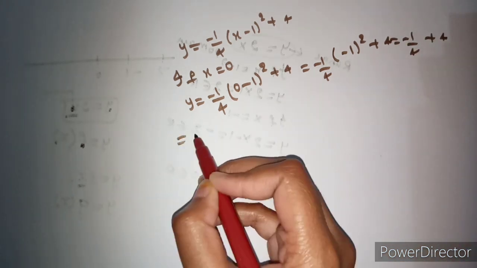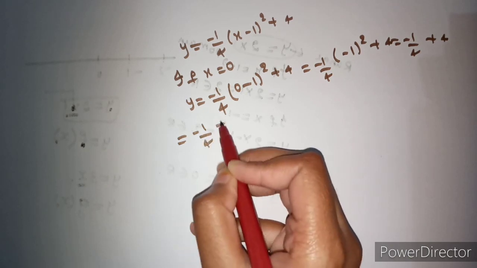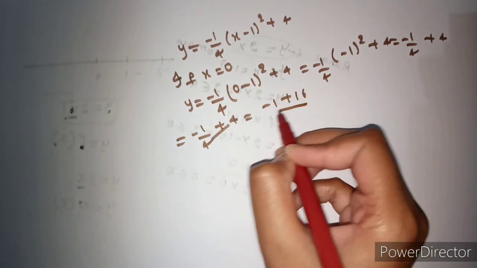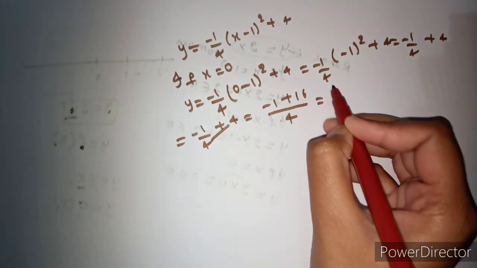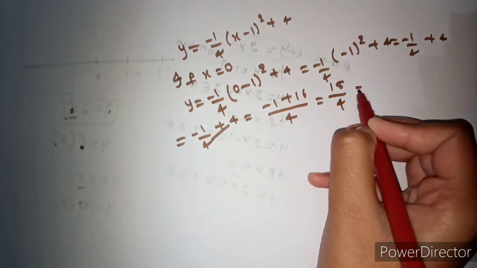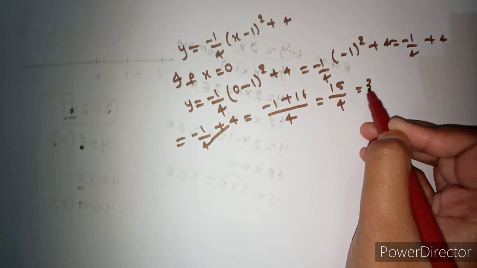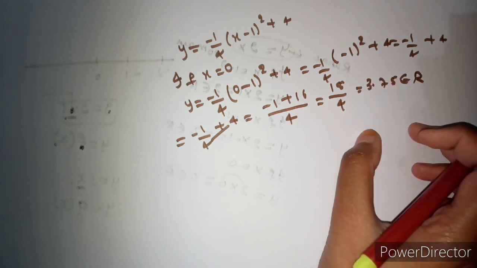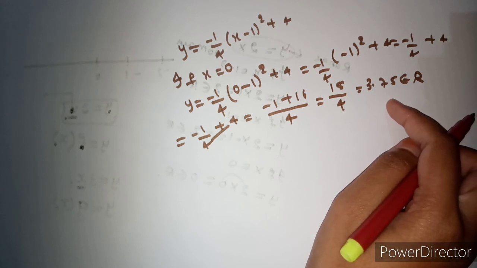Multiply 4 fours are 16 divided by 4. 16 minus 1 is 15 by 4. If you simplify it, you are going to get 3.75, which is again a real number.